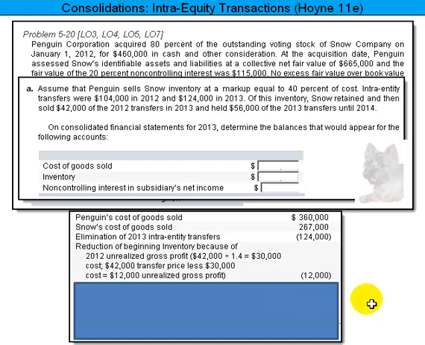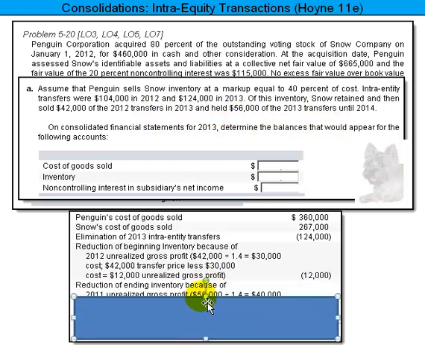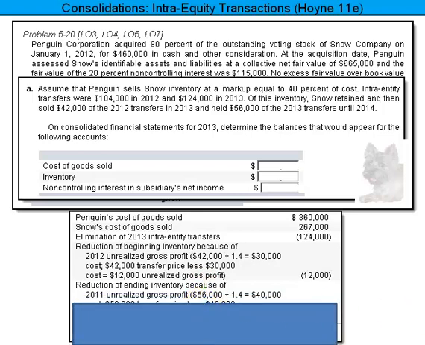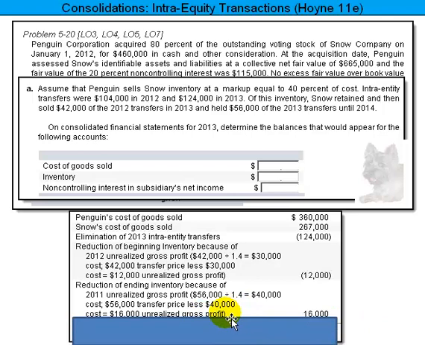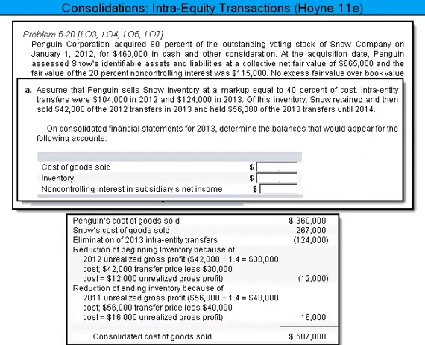And then we need to consider the ending inventory. In the ending inventory, they tell us 56,000 was held until 2014. So we're going to do the same type of calculation. We take the 56,000, divide it by 1.4 to come up with what the cost was on the ending inventory. Then we take the 56,000 less the 40,000 to determine the unrealized gross profit. Now this one we have to add back.